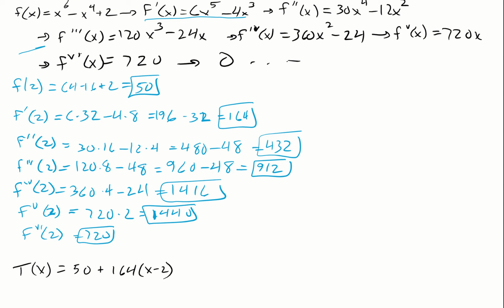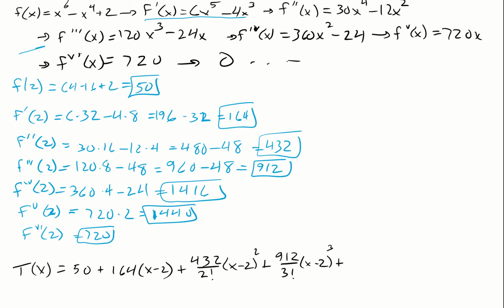Right? And the next one is 432. So plus 432 over 2 factorial x minus 2 squared. Next one is 912 over 3 factorial x minus 2 cubed.